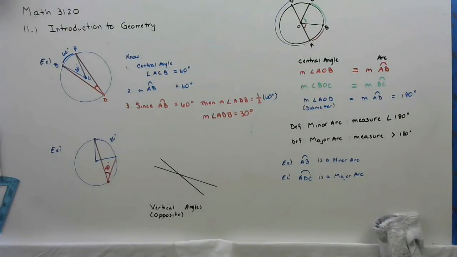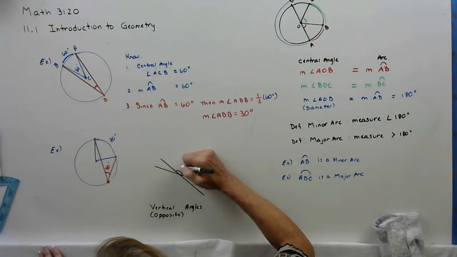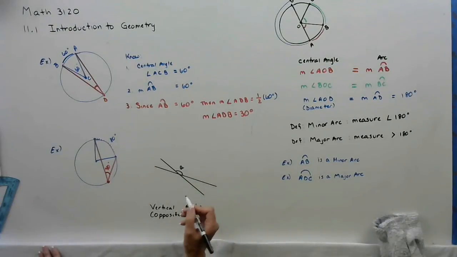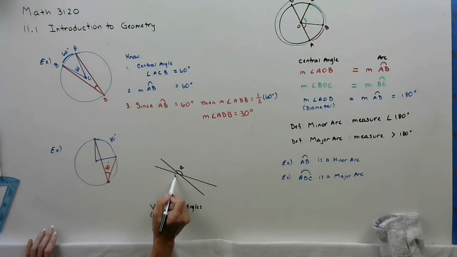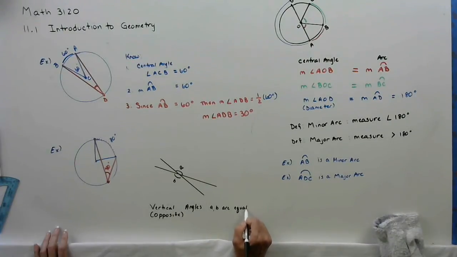Now let me give you an idea. Here's a vertical angle. I'll call this angle A. Here's a vertical angle. I'll call this angle B. Those two vertical angles have equal measure.